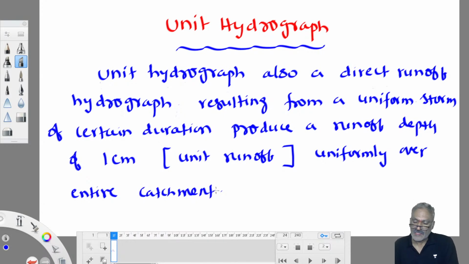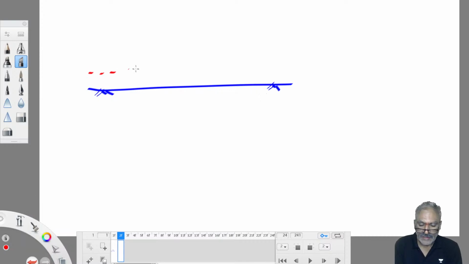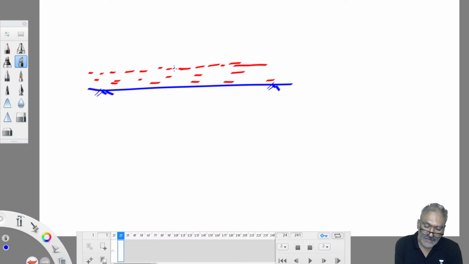For such a storm, if you measure the stream flow variation and plot the hydrograph, then the hydrograph obtained is known as the unit hydrograph. So everywhere in the catchment, the runoff accumulated is 1 centimeter.